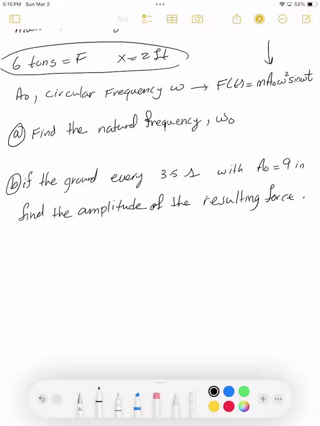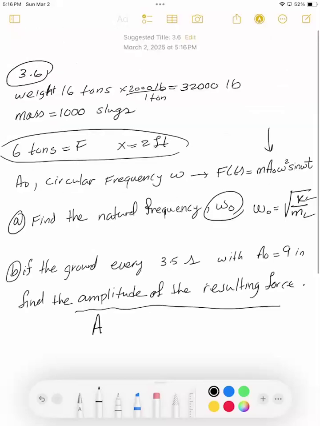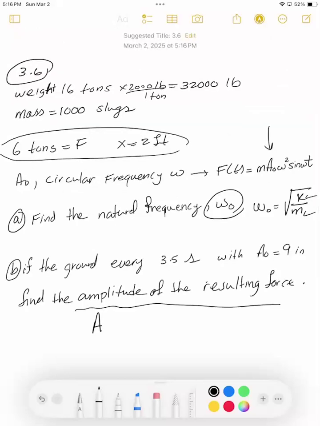So we want to find the amplitude, that is the capital A, and we want to find the natural frequency. But to find the natural frequency omega naught, we have this formula, square root of K over M. M is given to us, we have to find K. So how do we find K? This is where the information for K is.